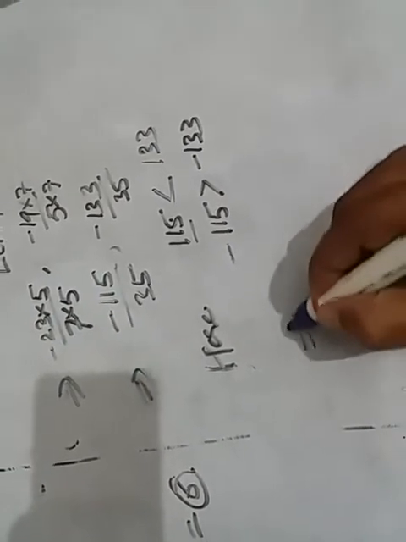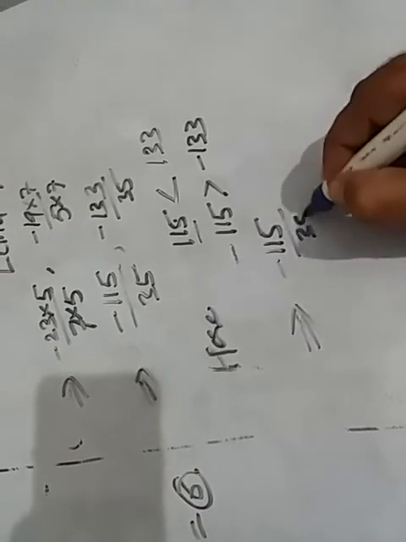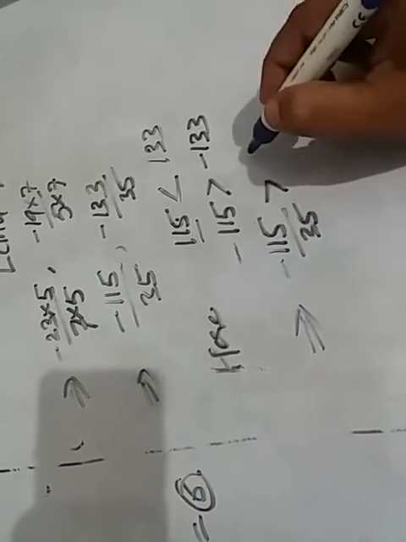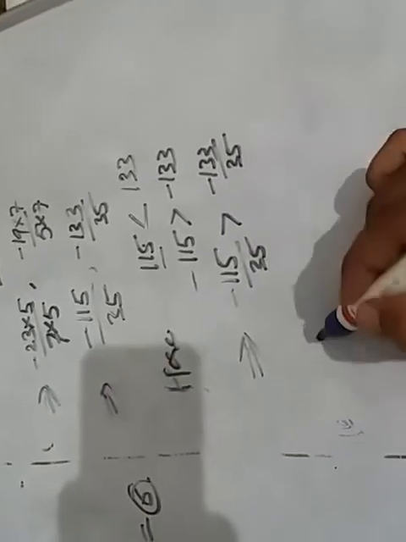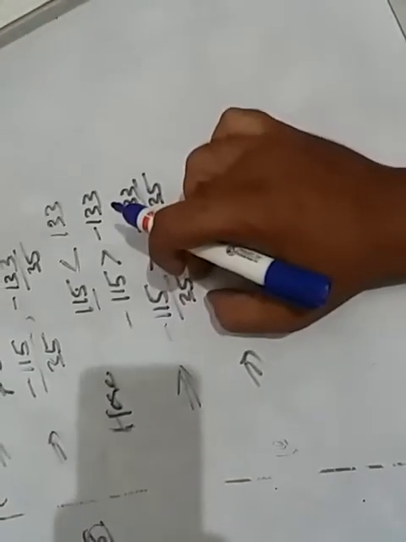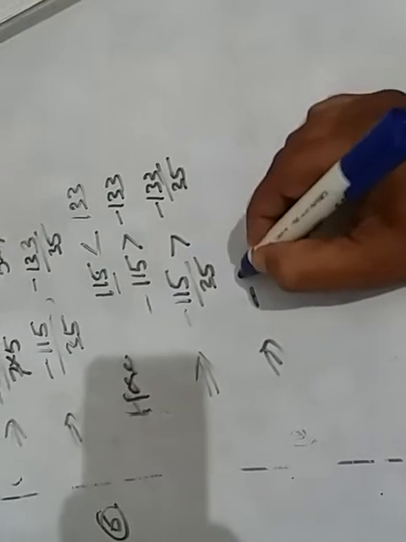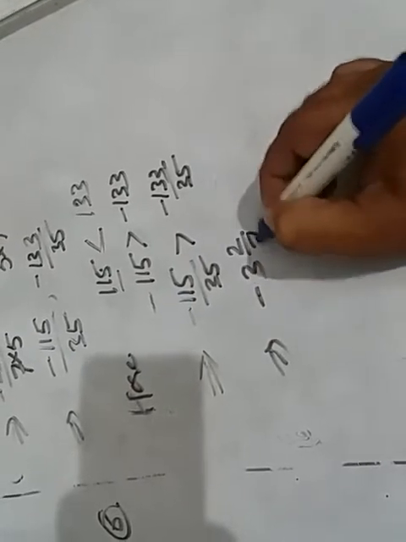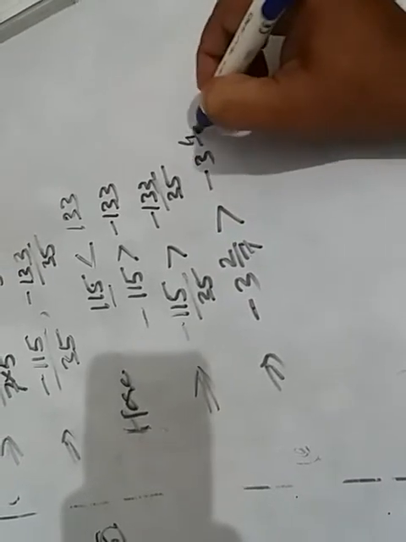So we conclude that minus 115 upon 35 is greater than minus 133 upon 35. Ultimately, minus 115 upon 35 is the equivalent rational number of minus 3 and 2 upon 7, and this is greater than minus 3 and 4 upon 5.